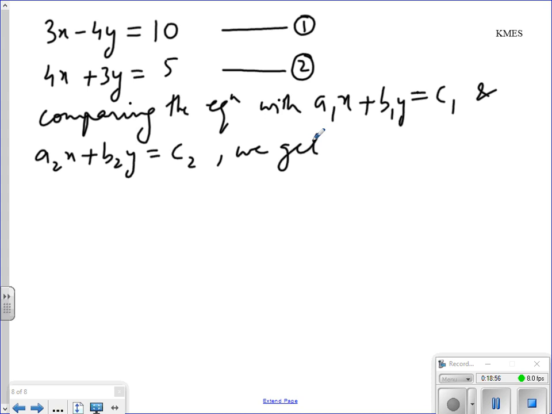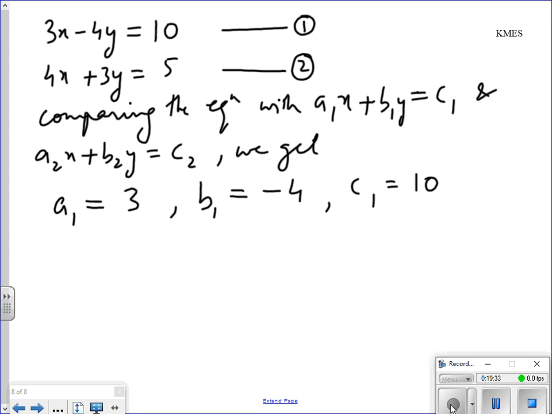Comparing it with a1x plus b1y equal to c1, a1 being the coefficient of x, the coefficient of x over there is 3. So a1 is 3. Now tell me what is b1? b1 is minus 4, not 4. b1 is minus 4. And c1 is 10. So we have the values of a1, b1 and c1.